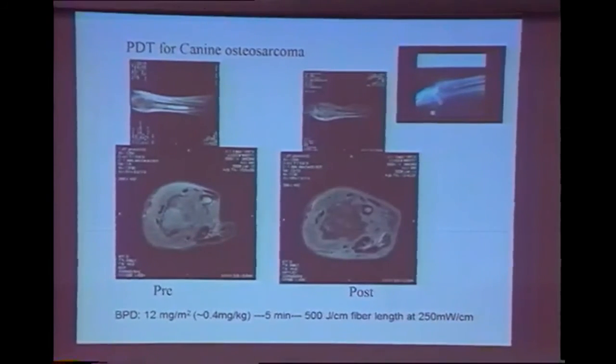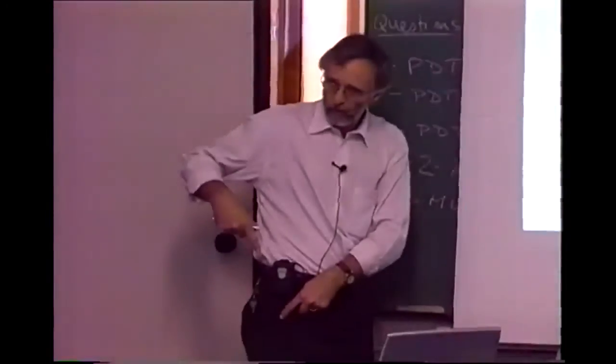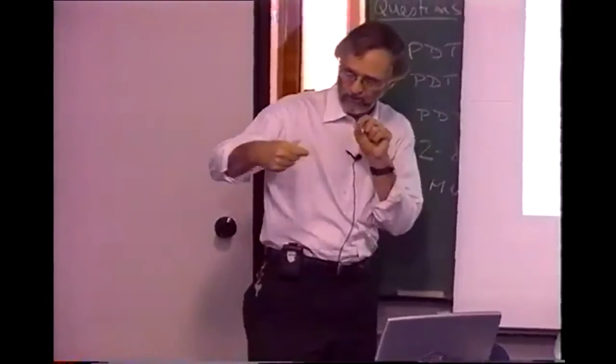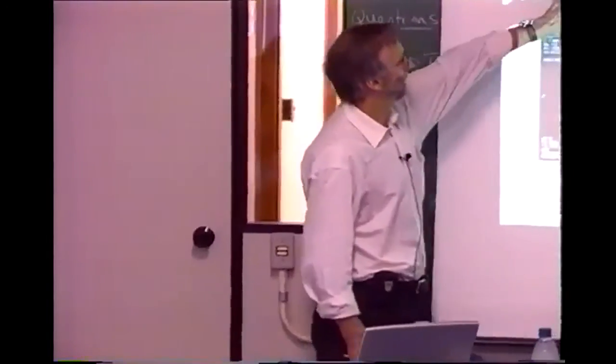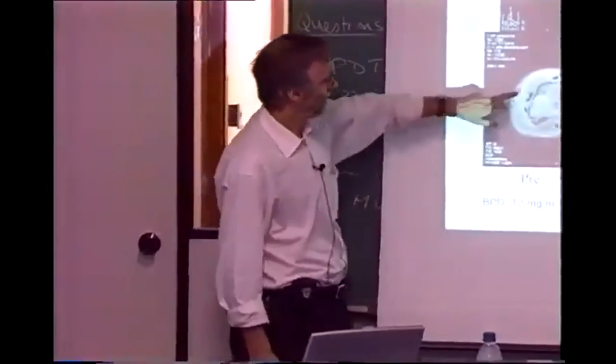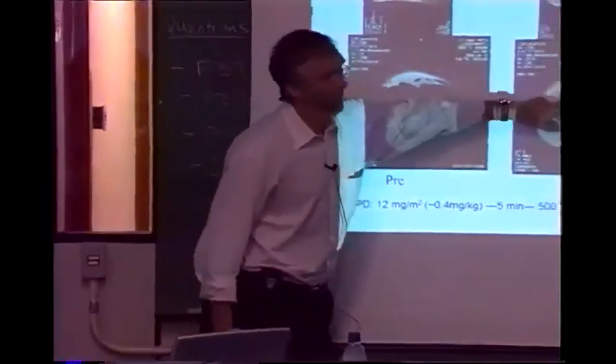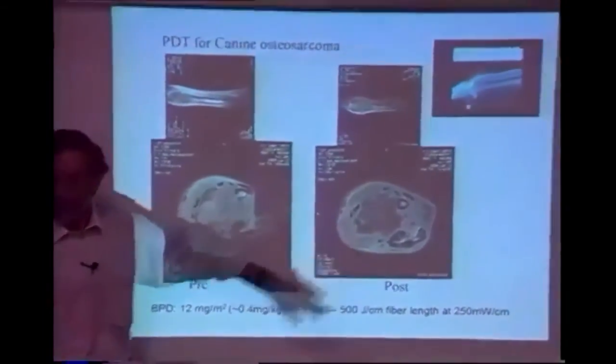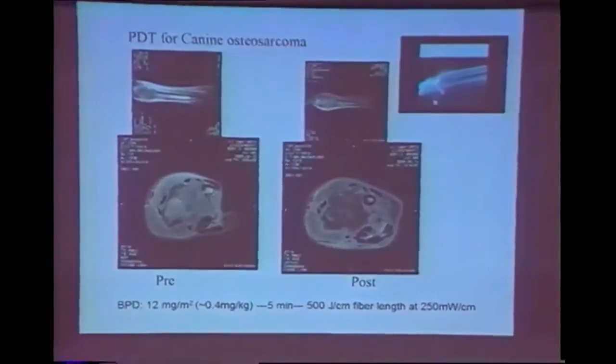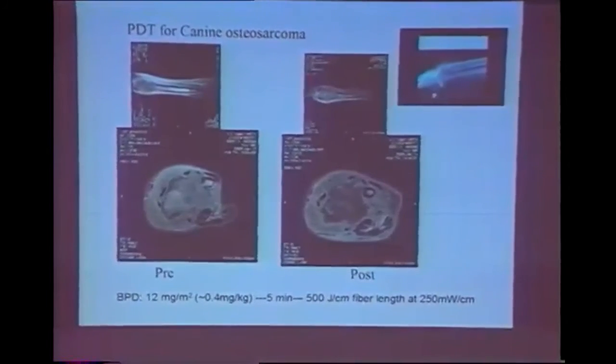What was done, I couldn't find the picture, but basically an optical fiber was put in percutaneously into the long bone, so this diffusing fiber runs along the length of the tumor. And this is the MRI before treatment and the MRI after treatment. So you can produce a pretty big volume of killing.